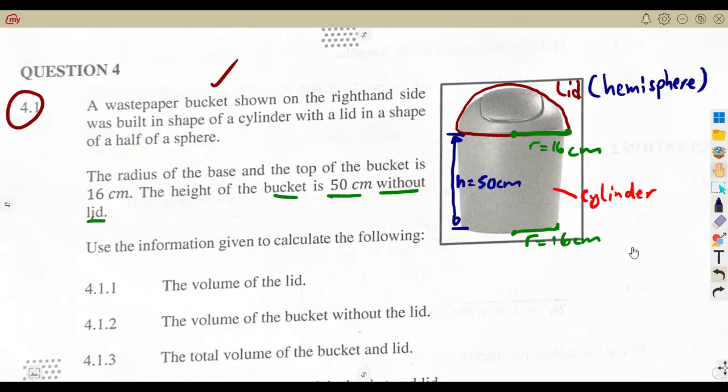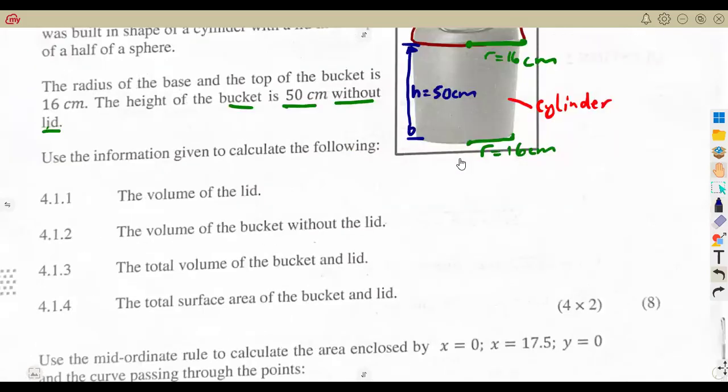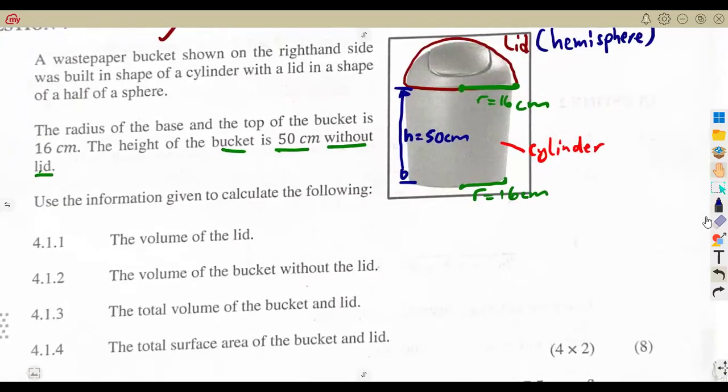So use this information now that you're given there. You are supposed to calculate now the volume of the lid. That is, use the information given to calculate the following: 4.1.1, the volume of the lid.